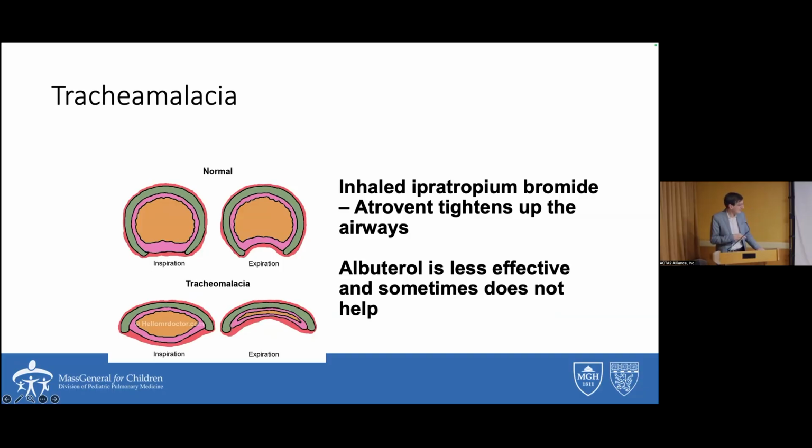This is why you give ipratropium, or Atrovent. Sometimes albuterol helps, so you lean towards this every time. Ipratropium comes as an inhaler and a nebulizer, called DuoNeb, which you're all familiar with, which combines albuterol, so it sometimes gives you the best of both worlds.